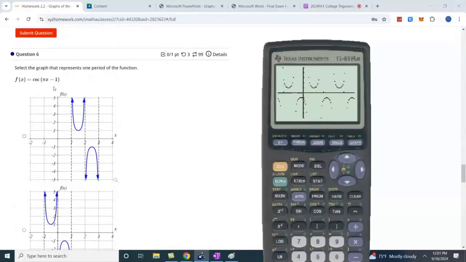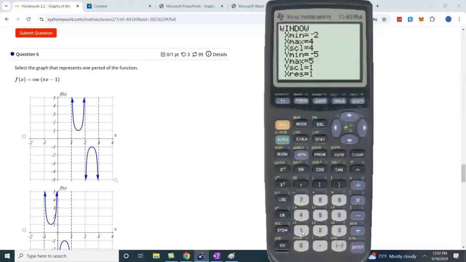And let me see, am I okay? Cosecant is 1 divided by the sine of pi x minus 1. The window is -2, 4 with scale 1, and -5, +5 with scale 1.